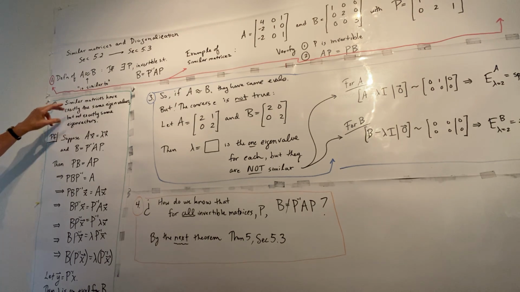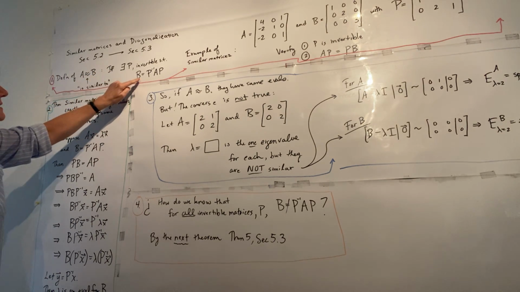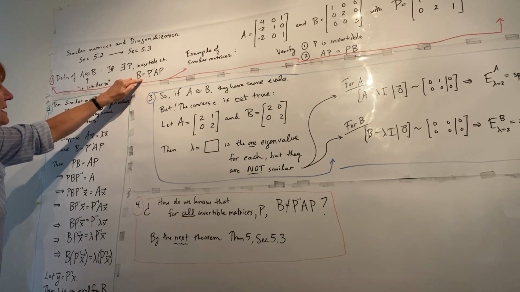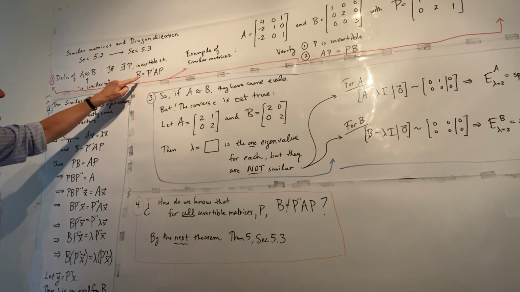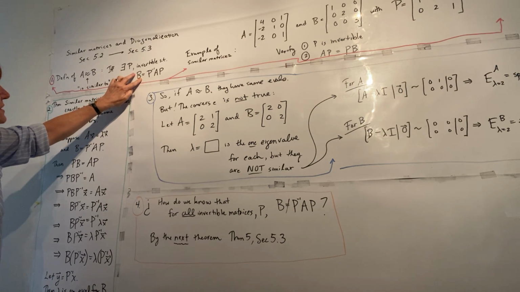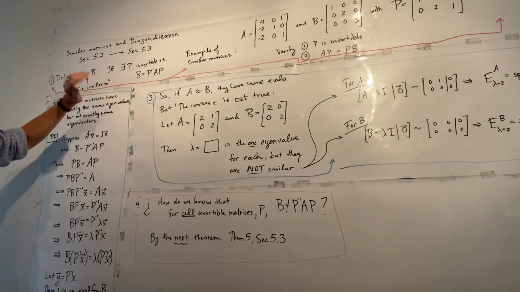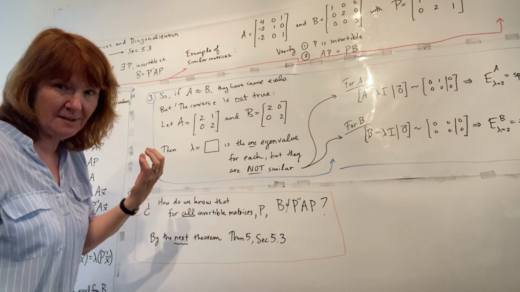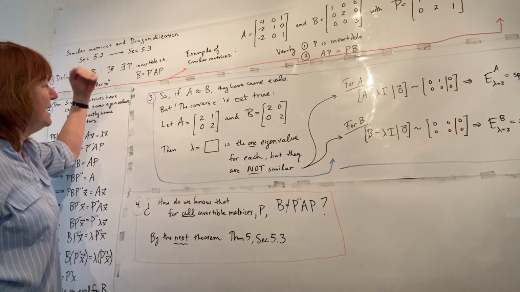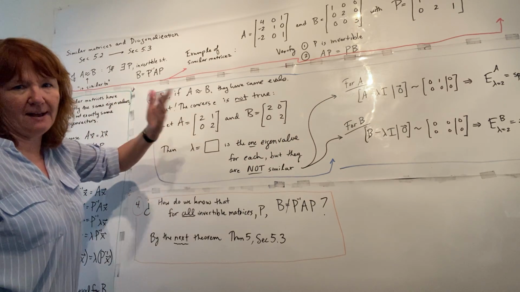The other thing about why it's good to be able to use a different matrix B that is similar to A in this manner is that if we need to know what is happening with iterates of B, like if B represents a dynamical system, and you want to know what happens after many iterations of that dynamical system.